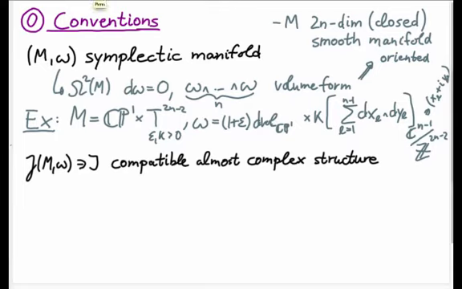So that was the symplectic manifold we were looking at, and before we can say holomorphic curves, we need complex structures. Before we can say pseudoholomorphic curves, we need almost complex structures, and they're always going to be compatible with omega.